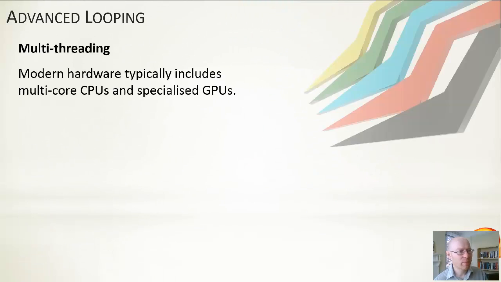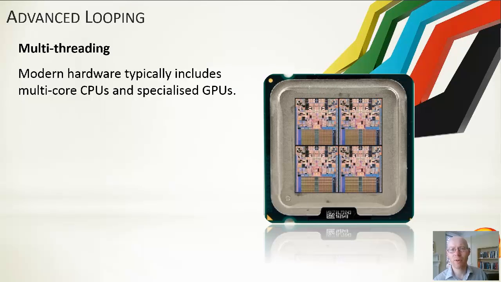The final bit we want to look at in terms of more advanced techniques is the whole multi-threaded aspect. The reality is nowadays everything is multi-core, and the update loop we previously identified is really a single threaded process.